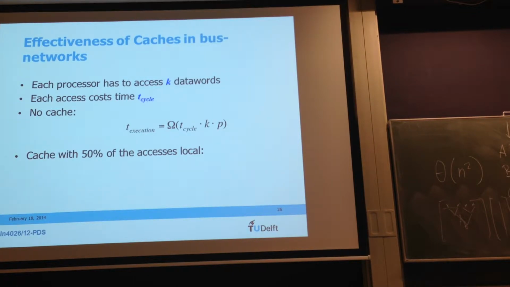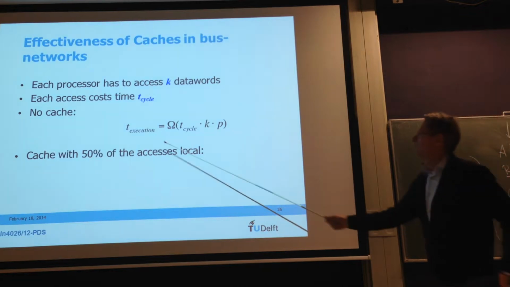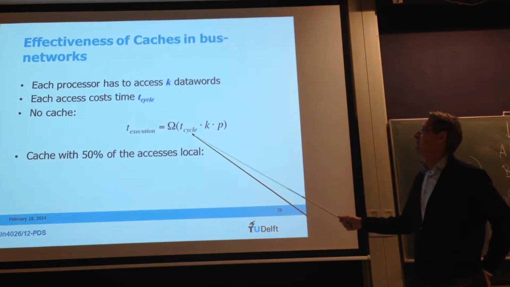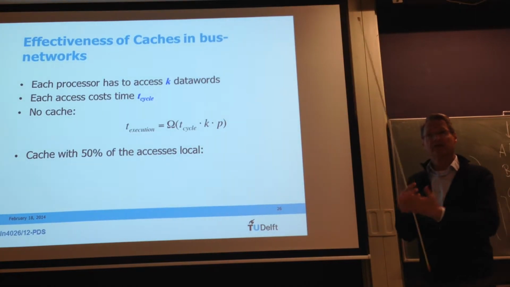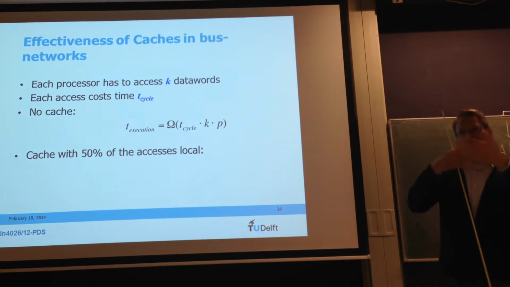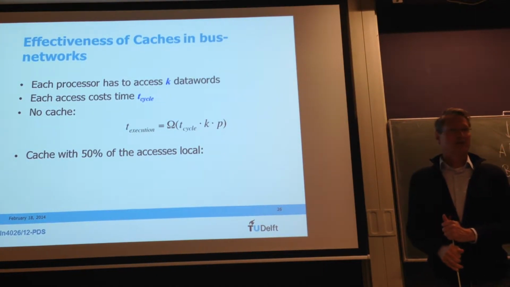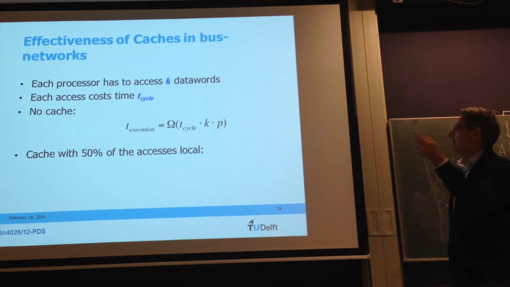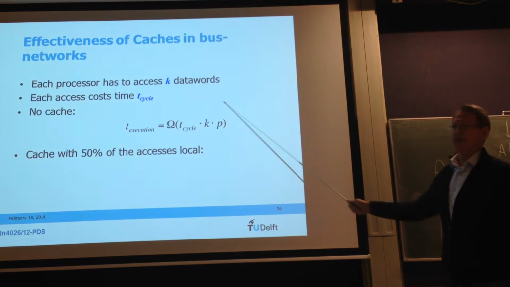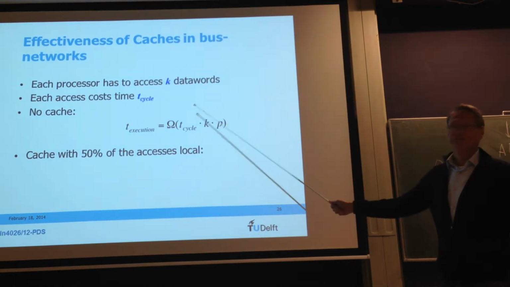So if there is no cache in the system, then the execution time of the total system is lower bounded by t cycle times k times the number of processors, because we have to let one after another go to the memory. Now this is of course not very scalable.